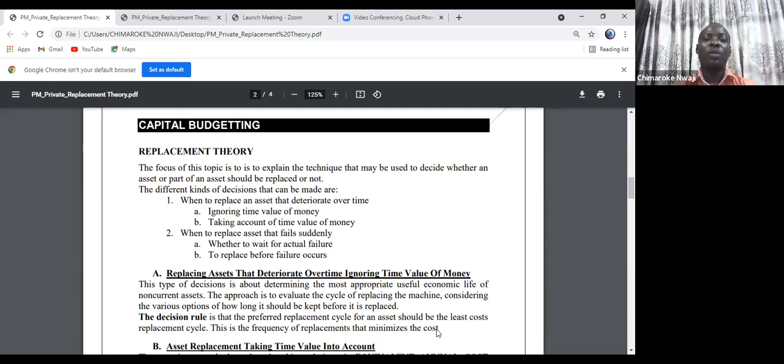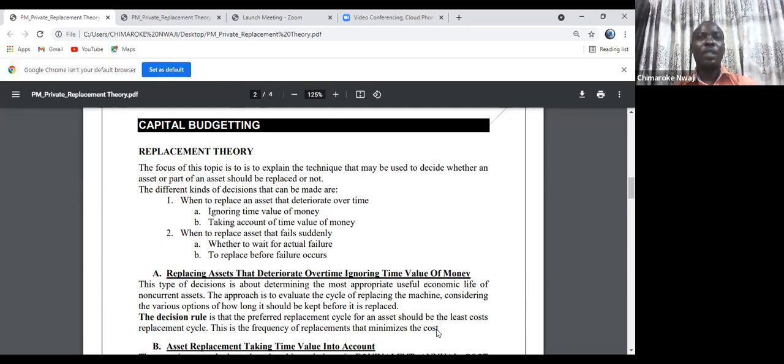Now, we want to look at when we buy an asset, we make a capital expenditure. After that, the asset will experience wear and tear, and it will depreciate. It will lose its value.